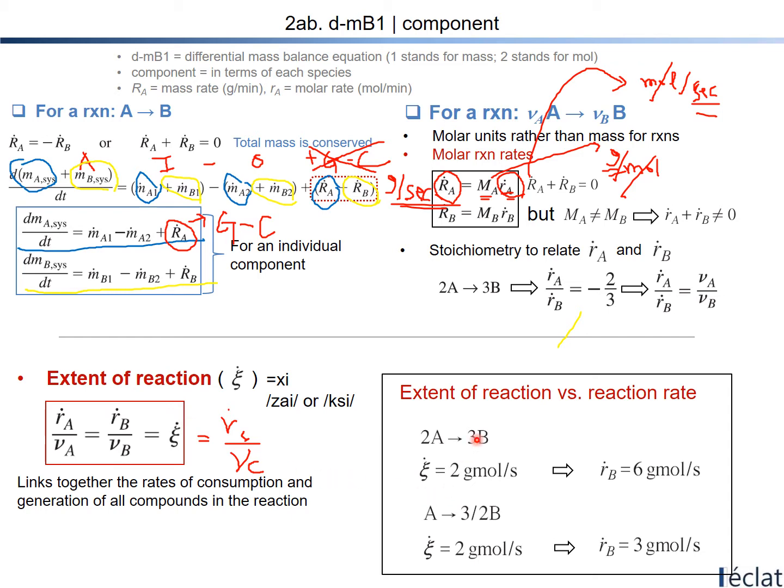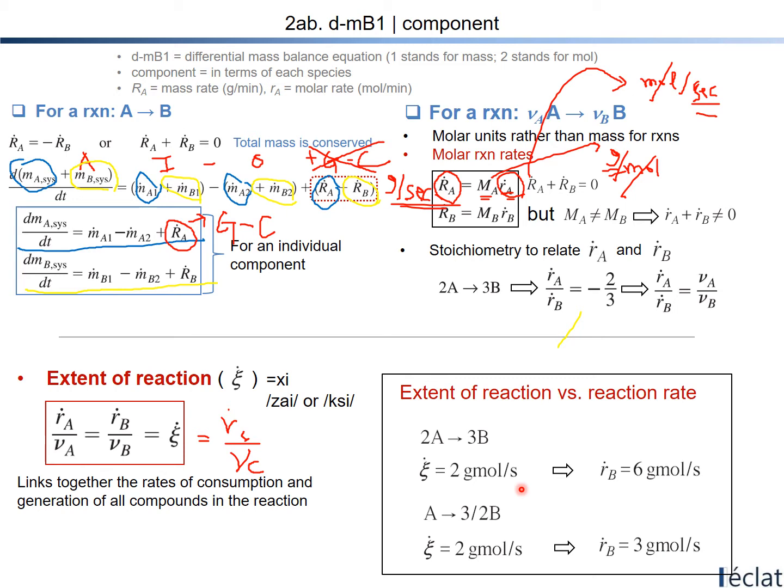Here is an example. You have a chemical reaction equation like 2A going to 3B. Let me assume that xi dot, the extent of reaction, is 2 gram mole per second.